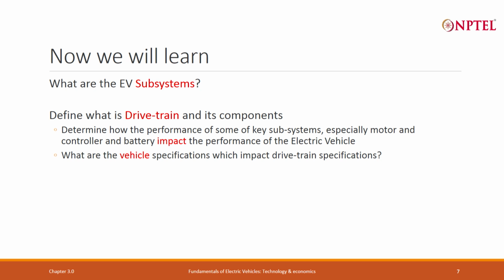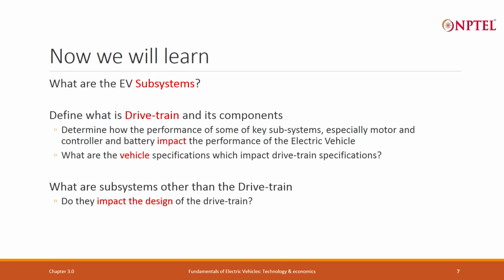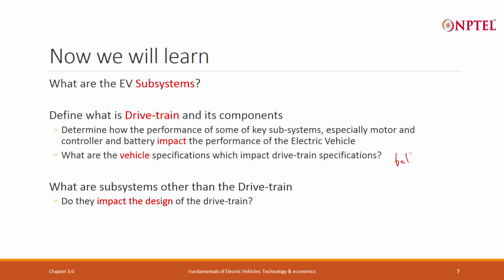And what are the vehicle specifications which will impact the drivetrain specifications, and finally, what are the battery specifications. What are the other subsystems other than the drivetrain? Drivetrain is a major subsystem, and do they impact the design of the drivetrain? I have to take that into account.